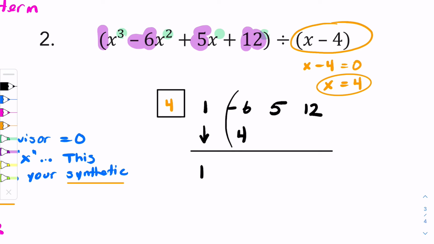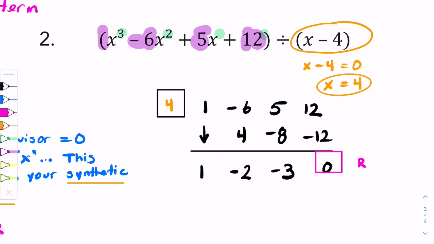Add negative 6 plus 4. Negative 6 plus 4 is negative 2. Multiply 4 times negative 2. That gives you negative 8. 5 plus negative 8, that's a negative 3. Negative 3 times 4, that's negative 12. 12 plus negative 12 is 0.